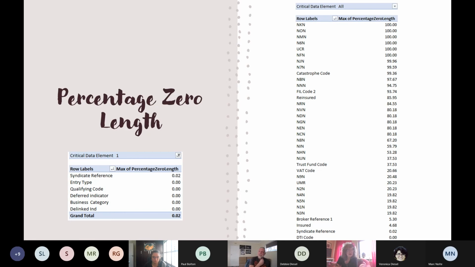And then I really liked analyzing the different fields. So percentage zero length. So what we're saying is, of the complete universe of that column, what percentage of these columns are at a zero length or have a maximum of zero length? Now we can see these rows, for example, a column NKN is 100% zero, where they got zero length.